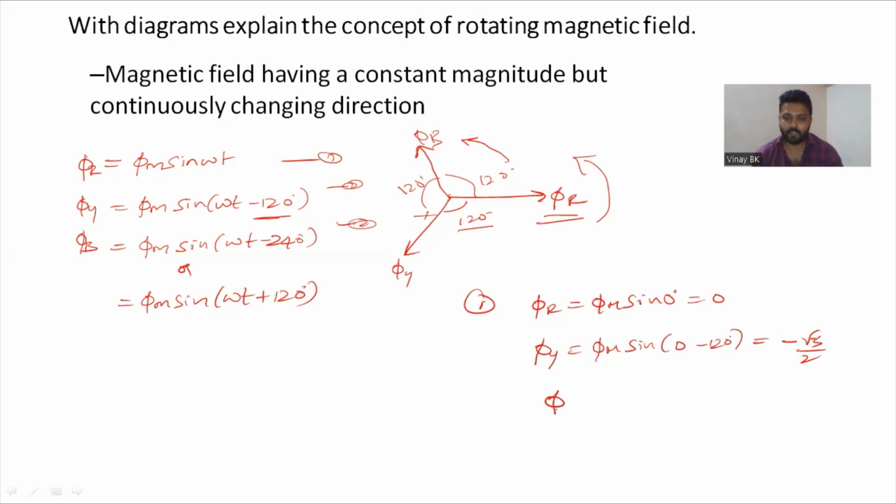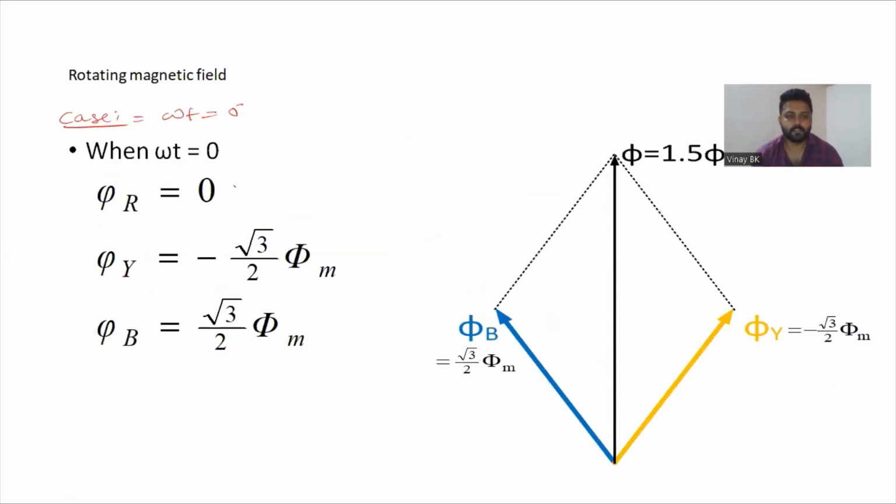Similarly, phi B equals phi M sine of 0 minus 240 degrees, or 0 plus 240 degrees, giving plus root 3 by 2. So phi R equals 0, phi Y equals minus root 3 by 2 times phi M, and phi B equals plus root 3 by 2 times phi M.